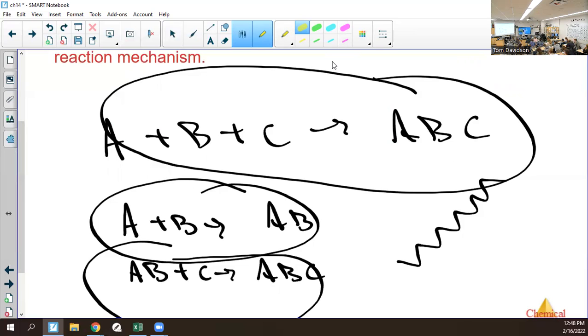The overall reaction, like we've been writing, would just be this, like A plus B plus C goes to ABC. And we've been doing that all year and we're fine with that. The reaction mechanism is going to show you the steps that happen for that to happen. Look at the screen. So in order to make ABC, the first step is A and B combine to make AB.